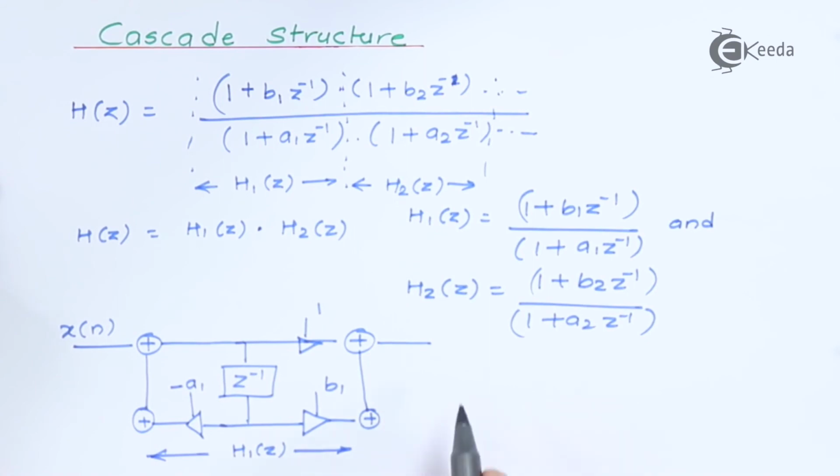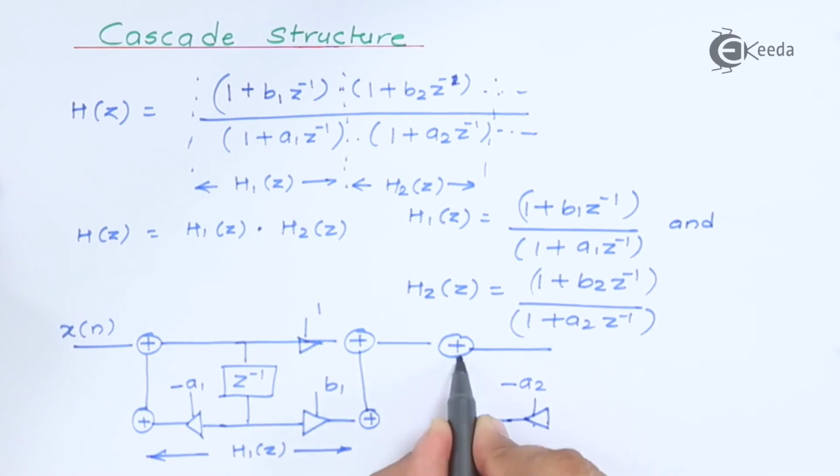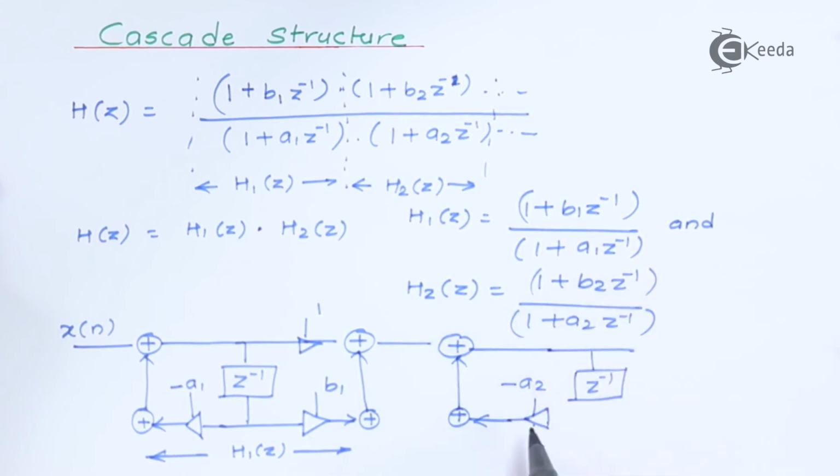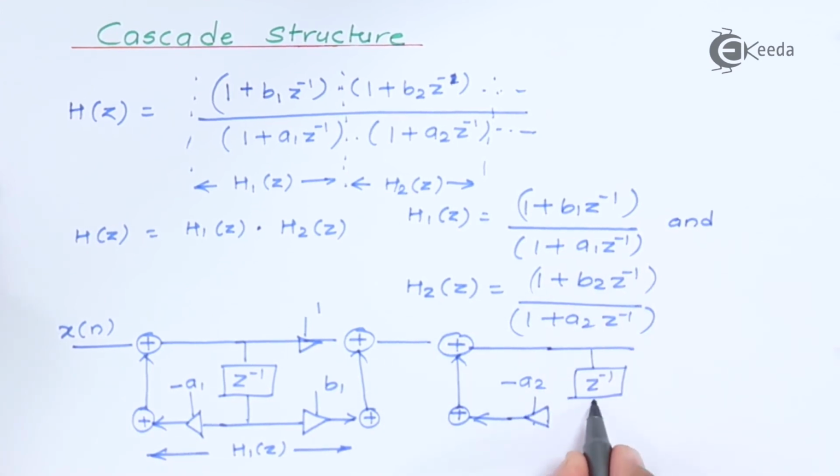Similarly connect H2(z) in series. So here the value of a is a2, so I'm going to write minus a2. Now on both the sides we have one delay, so we have used one similar memory element, that is z inverse.